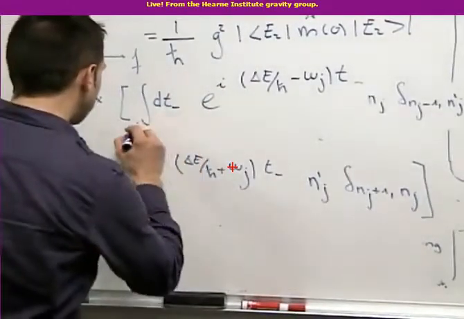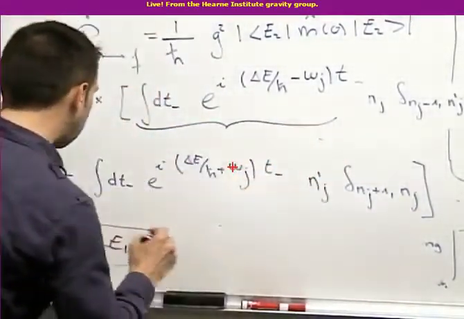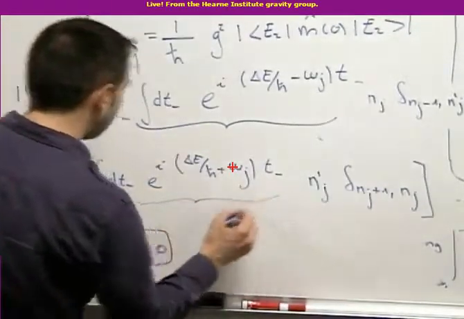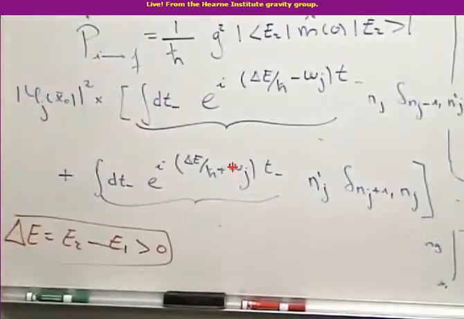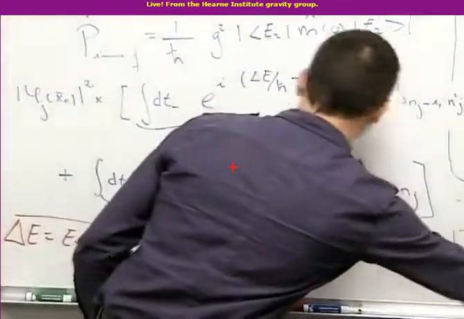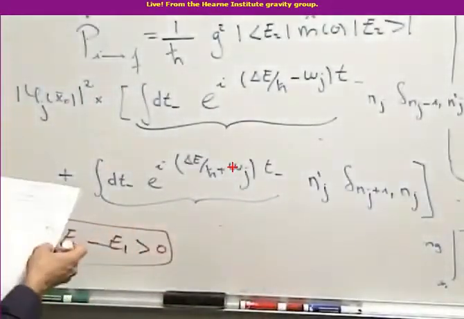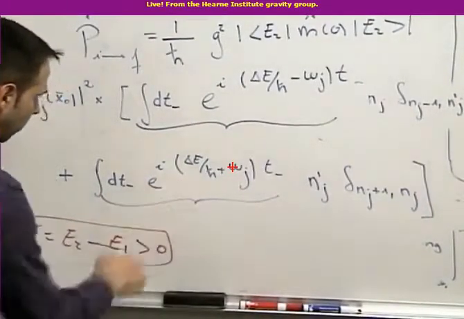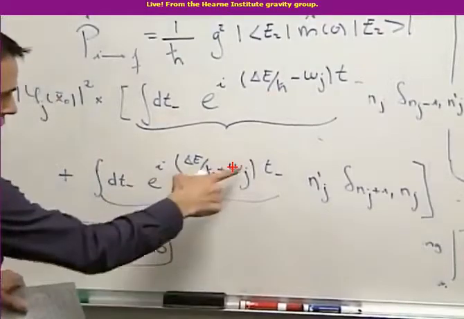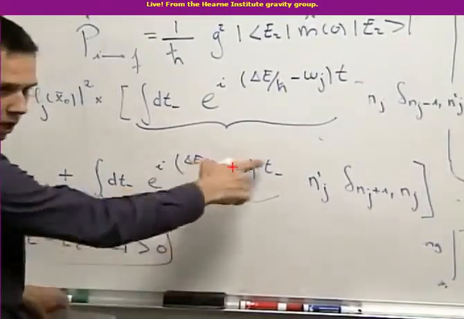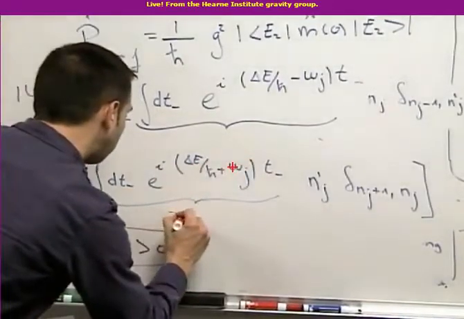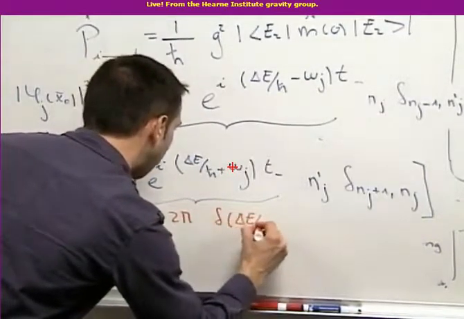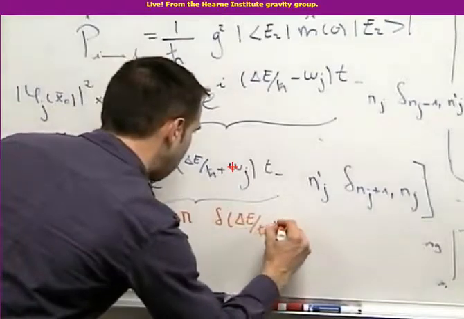We have two terms here, two integrals, this integral and this integral. What do you think is the value of this integral? Let's do first this one. This one is just a delta function because it's the integral of an exponential, so it's a one-dimensional delta function of delta E over h bar plus omega j.